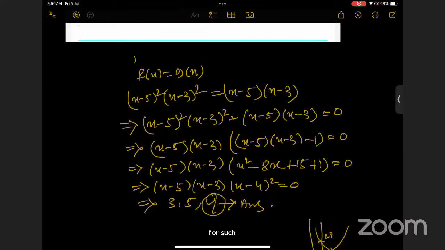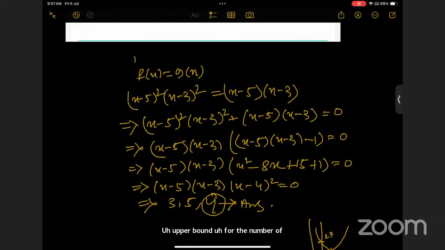If you are given a polynomial for which you cannot draw the exact graph, they will not ask for the exact number of turning points. They will definitely ask for the upper bound on the number of turning points.